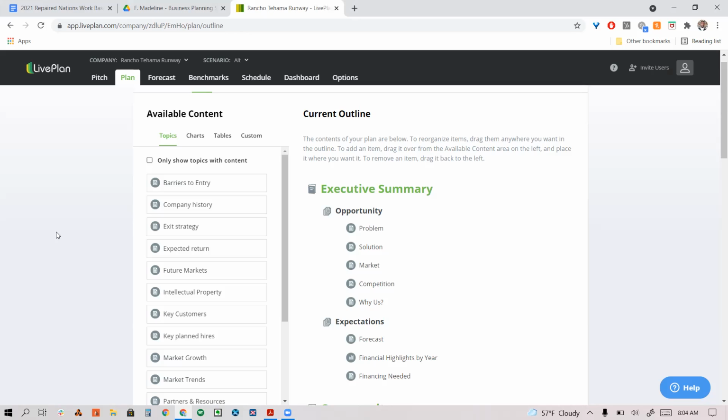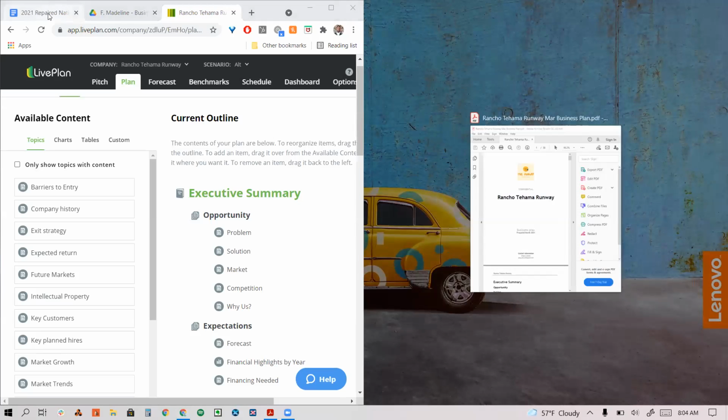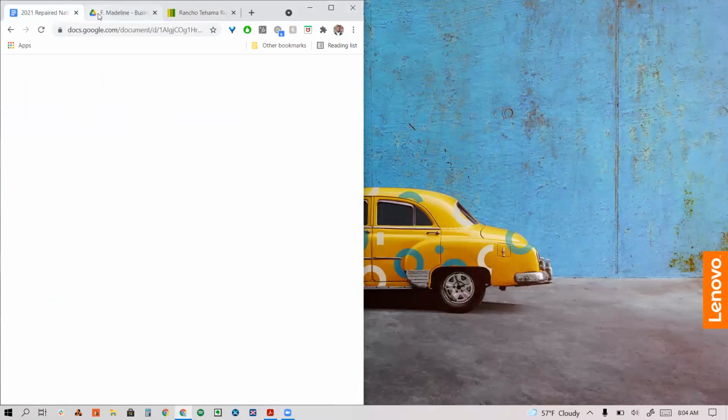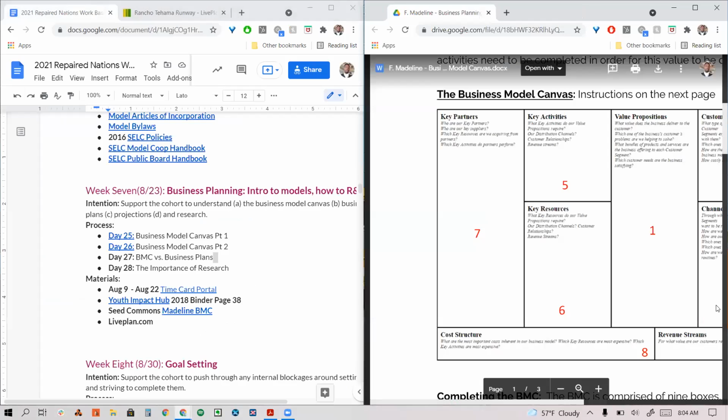It cost $20 per business, but I found it to be really helpful. And you can see that I'll bring both of these things side by side so we can compare.